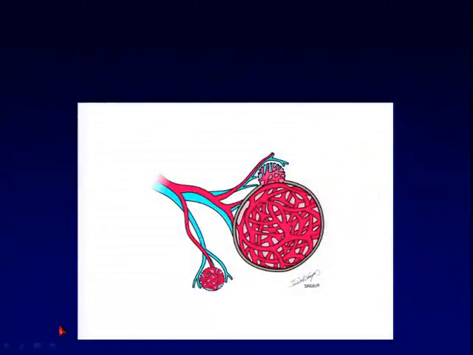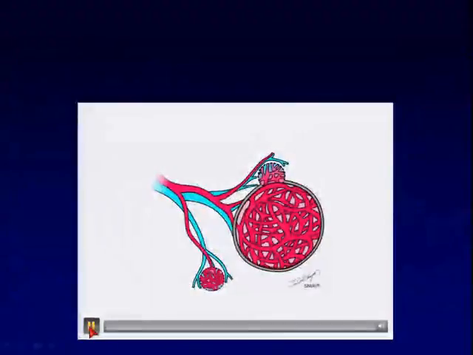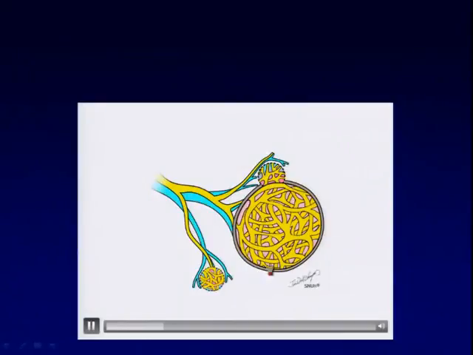So what will happen if we inject Lipiodol into the hepatic artery? Initially, it fills the tumor vessels. If you continue to infuse Lipiodol, it fills the peripheral portal vein. At this stage, we embolize the tumor-feeding artery using gelatin sponge particles.